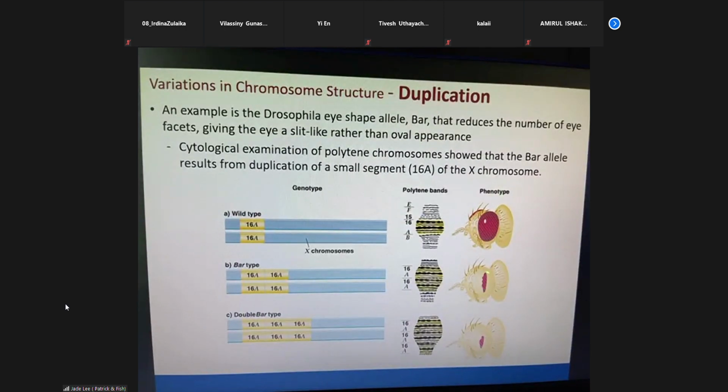Kalau dia double bar type, ini lagi teruk lah. Tinggal sini saja. It also affects their vision, right, doctor? Sure. Dia akan affect the vision.